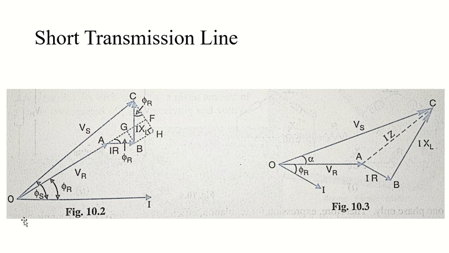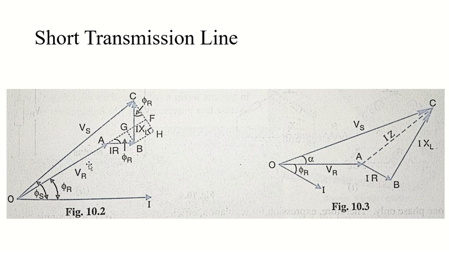We have this first triangle. Imagine this A and I are connected. If they were connected, this will be a triangle, right? And here we have the angle phi r, the angle between current and voltage, right? Same thing we did here. Here we again get the angle phi r, and here we also get the angle phi r. How?